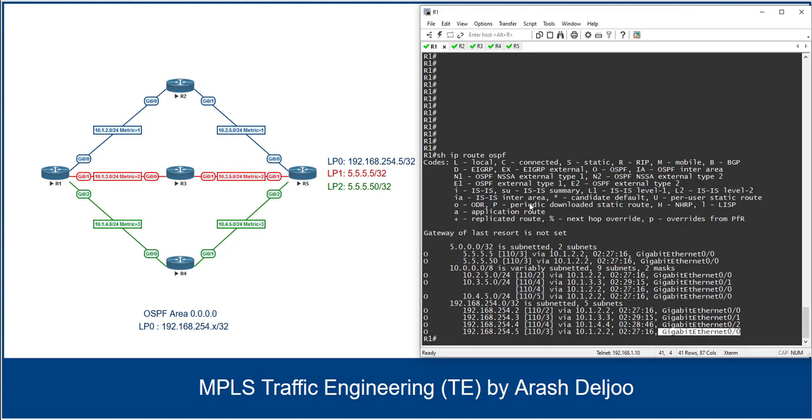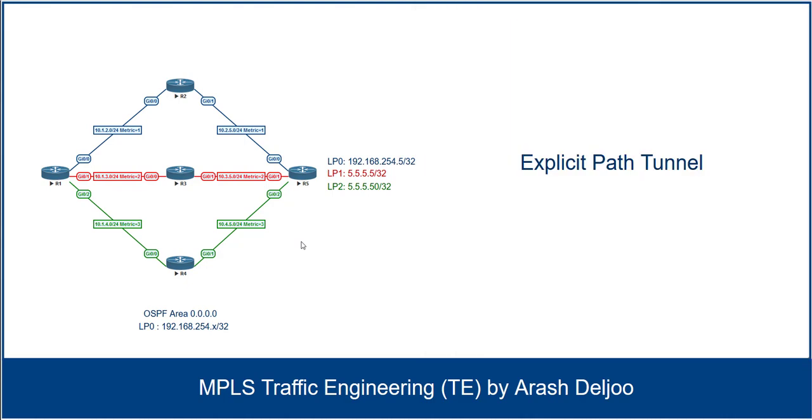And how can we distribute our traffic between these 3 paths? For example, assume that we want to send the traffic of loopback 0 through the blue path, the traffic of loopback 1 of Router 5 through the red path, and the traffic of loopback 2 of Router 5 through the green path. One of the solutions is using MPLS-TE Explicit Path Tunnel.